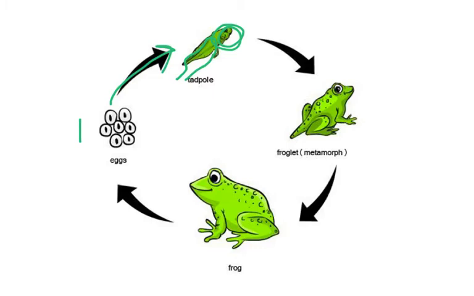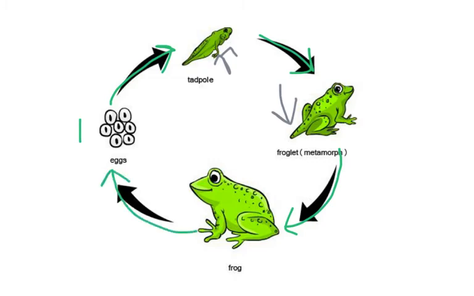And again, their bodies start to change, and they start to grow little frog legs. And you can see their tail gets shorter. And now they're a froglet. And then they continue growing, and so they don't really have a tail anymore. They have all 4 of their legs, and they're much bigger. And then as an adult, then they lay eggs.